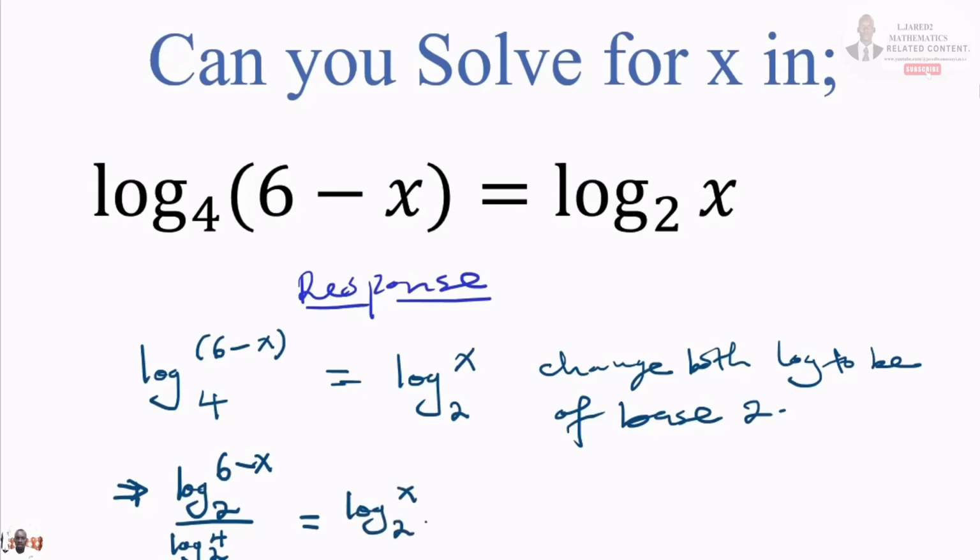So in here, on the left hand side, we have converted this logarithm to base 2. So now let us proceed. Remember, we have the log of 6 minus x base 2 divided by the log of 4 base 2 equaling the log of x base 2. From here we can simplify the one on the left hand side.